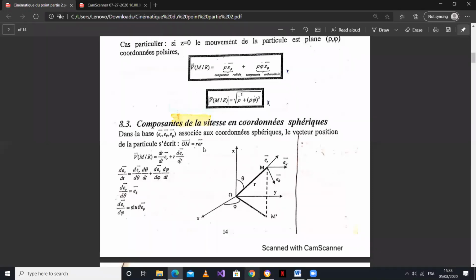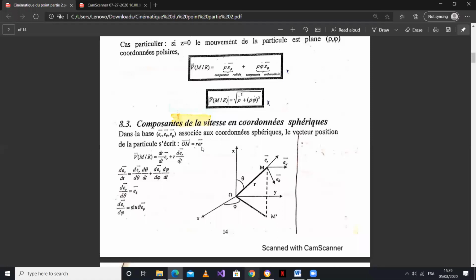We'll be deriving it with respect to time, because when we are calculating velocity, we just want to know the rate of change of displacement with time. That's why we are deriving OM par rapport au temps for us to calculate V. So the expression still stands, vitesse ou bien V de M par rapport à R égale d OM sur dt.